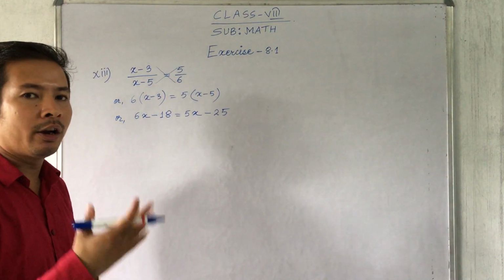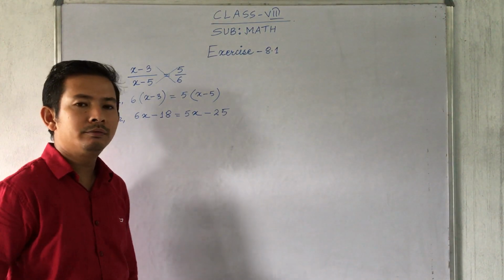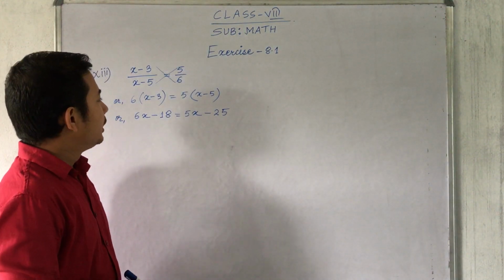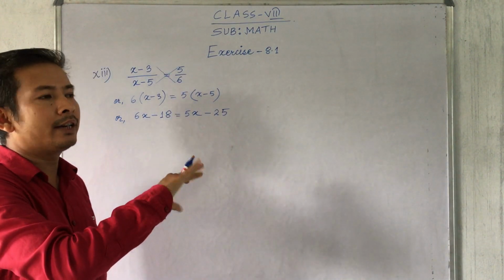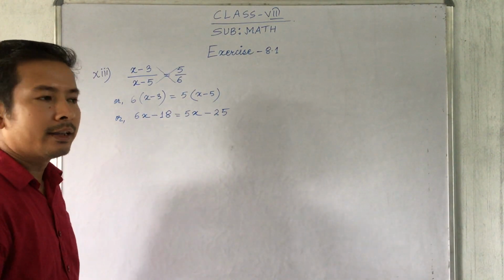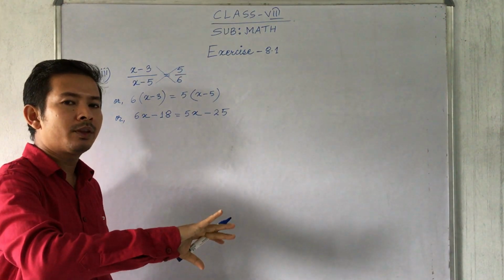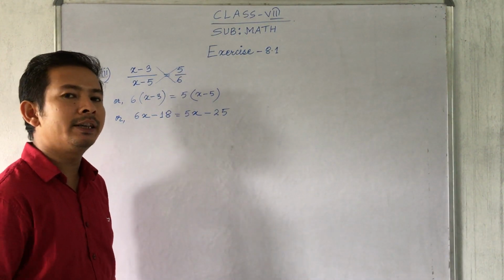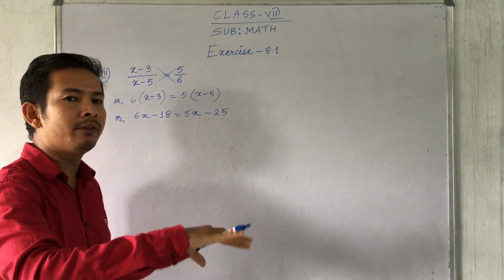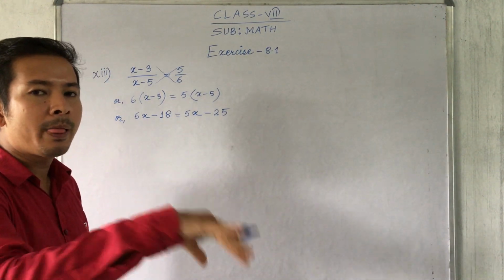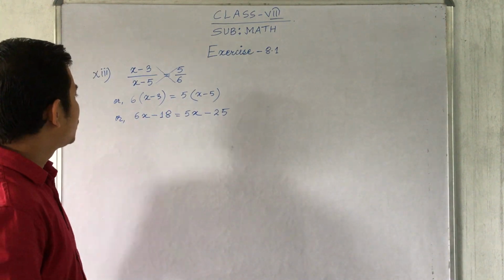One thing I already told you before: any variable or constant, if you write it to the left hand side from the right side, then positive sign will be negative, and if it is in negative form, then it will be positive. Understood?